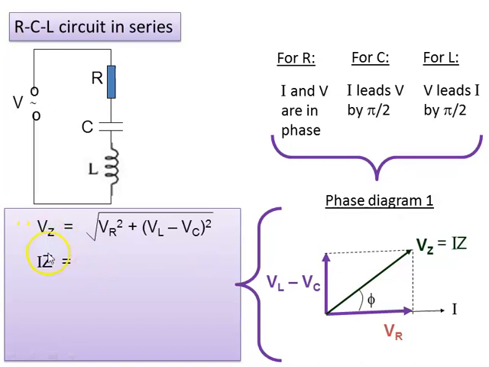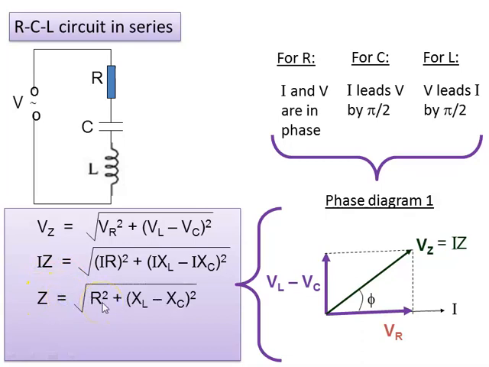Okay, substitute Vz equals Iz into the equation. VR equals IR, VL is IXL, and VC is IXC. And the I here can be cancelled out. So therefore, the impedance Z equals square root of R squared plus bracket XL minus XC squared. So this is the equation for impedance for the RCL circuit in series.